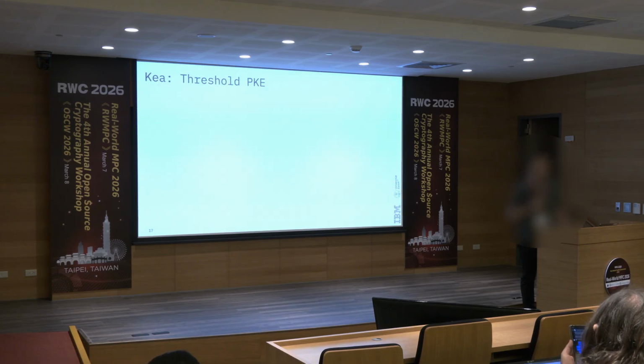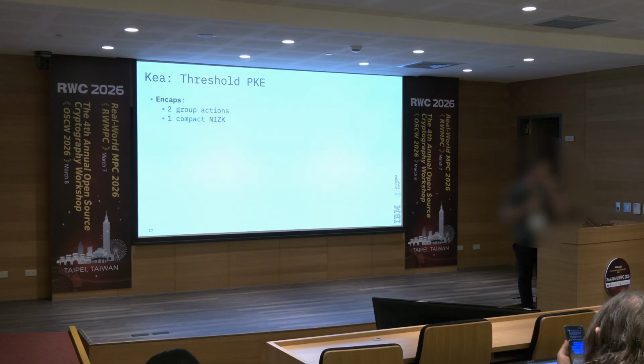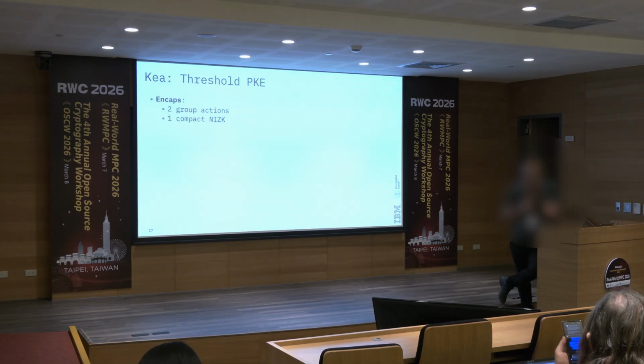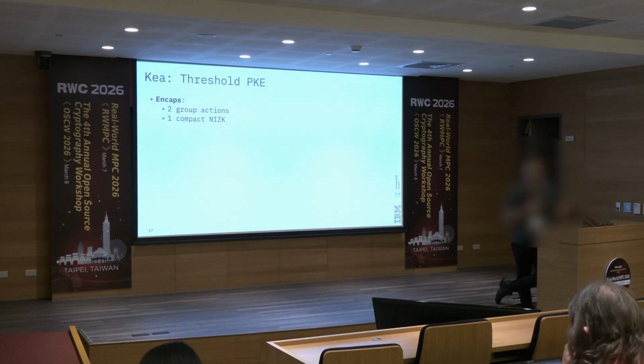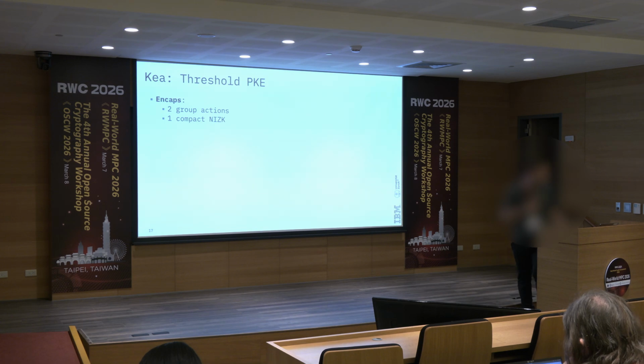With respect to the threshold decryption, what we have to do is essentially the classical ElGamal-like encryption, but performed with group actions, in which you need to add, as for ElGamal, some kind of non-interactive zero-knowledge proofs. If we are in the exogenous scenario, we can do it using some compact non-interactive zero-knowledge proofs.